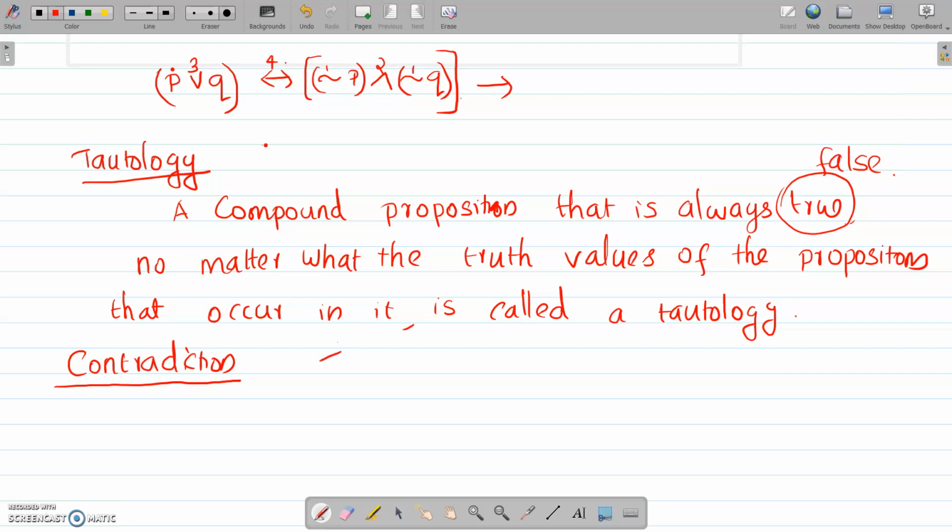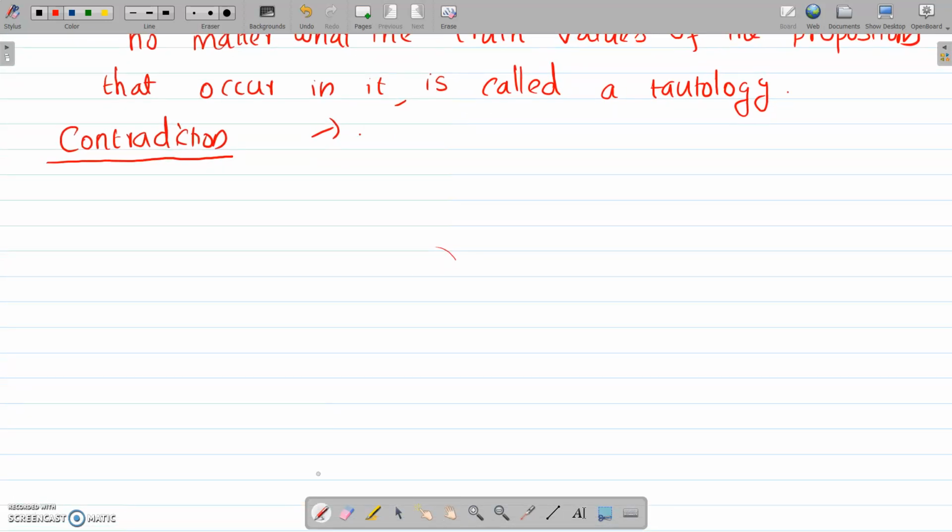Okay, so a compound proposition that is always false no matter what the truth values of the propositions that occur in it is called a contradiction. A compound proposition that is neither a tautology nor a contradiction is known as contingency.